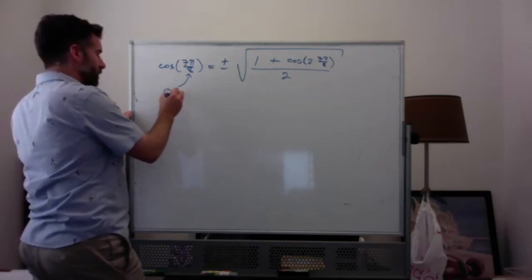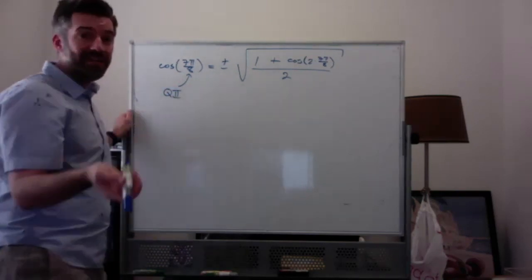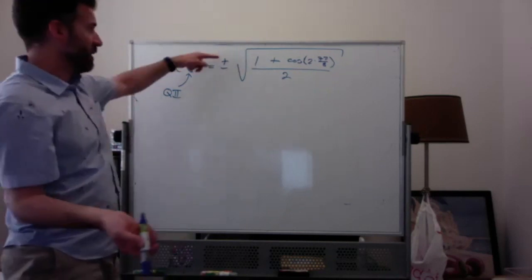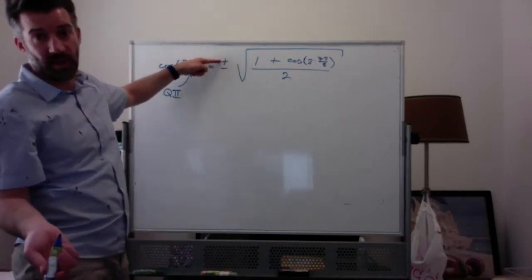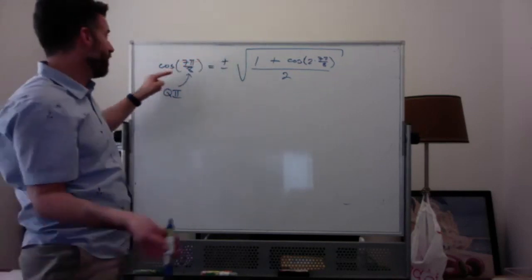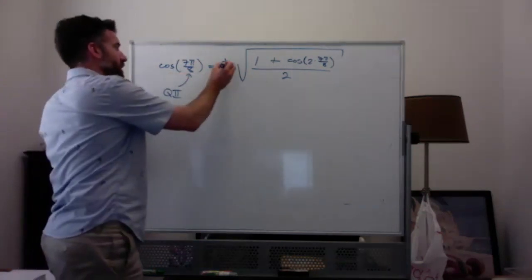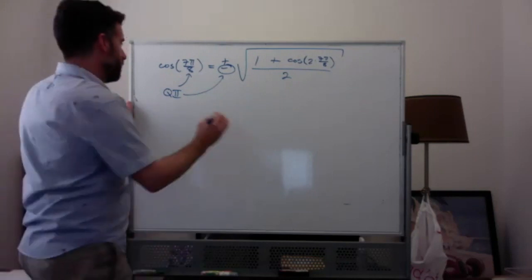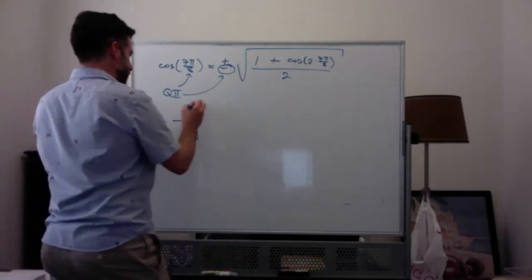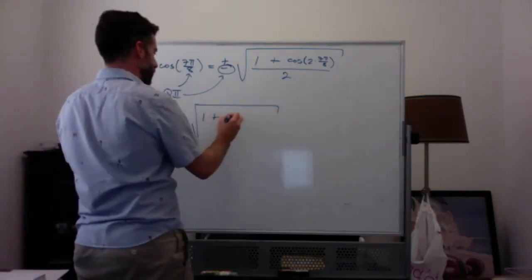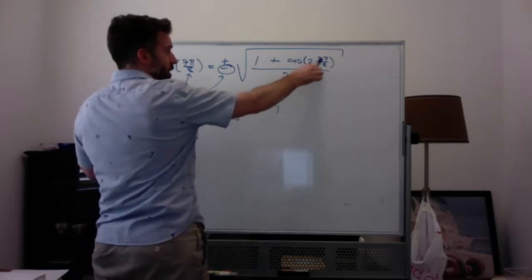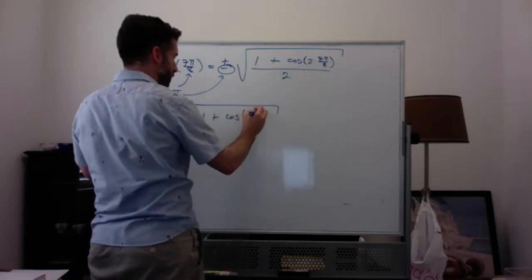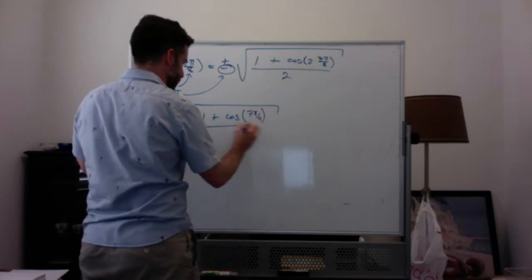So we're in quadrant 2. If it was sine of 7 pi over 8, I'd be picking the positive because sine is positive in quadrant 2. But since it's cosine of 7 pi over 8, we're picking the negative because cosine is negative in quadrant 2. So it's going to end up being negative square root of 1 plus cosine of 2 times 7 pi over 8, which is 7 pi over 4, all over 2.